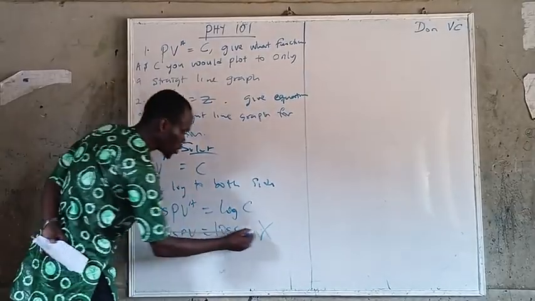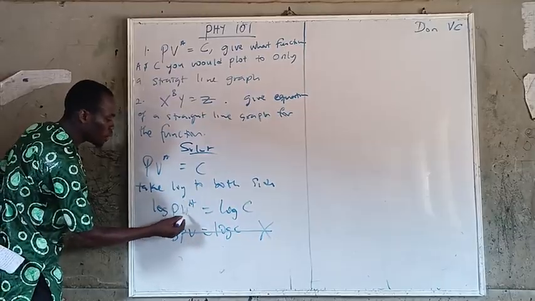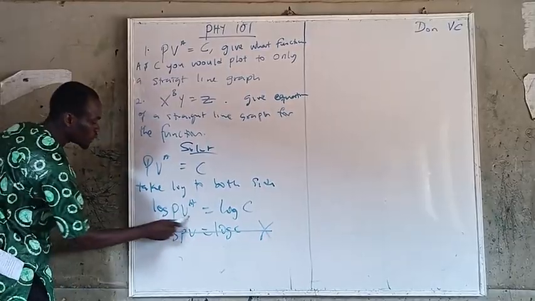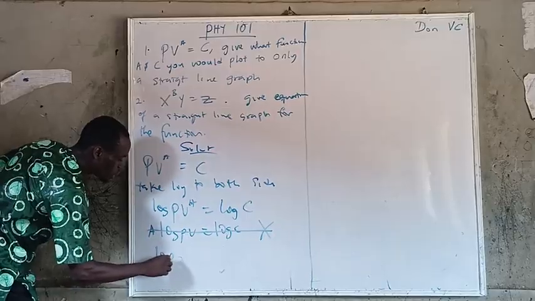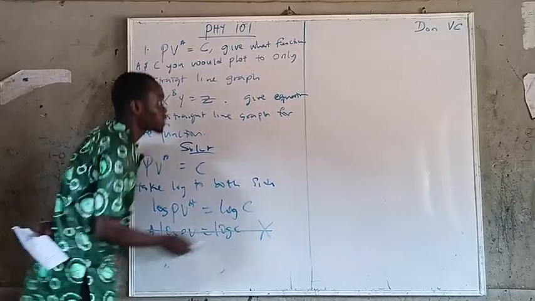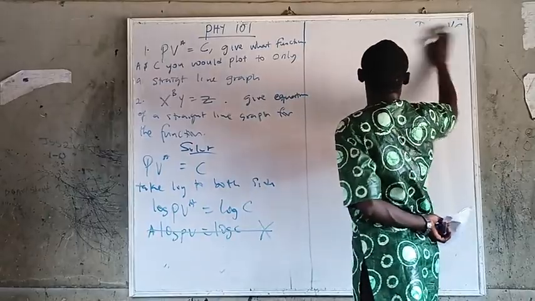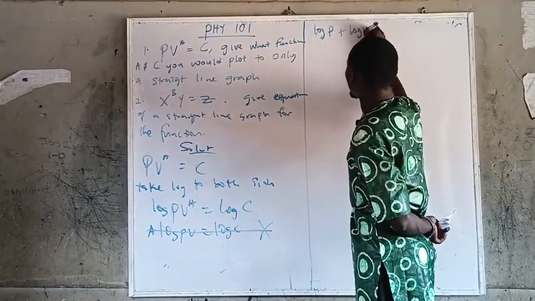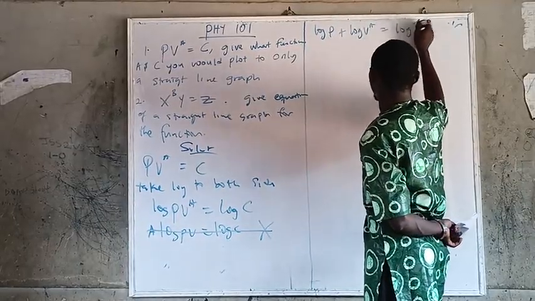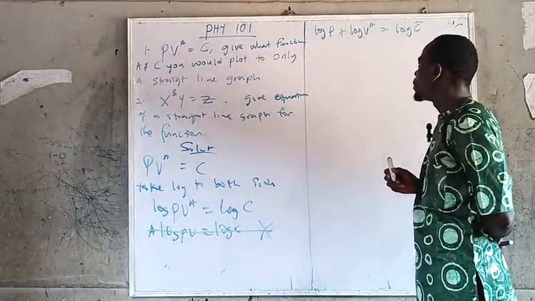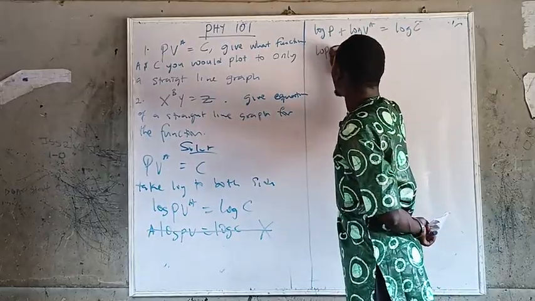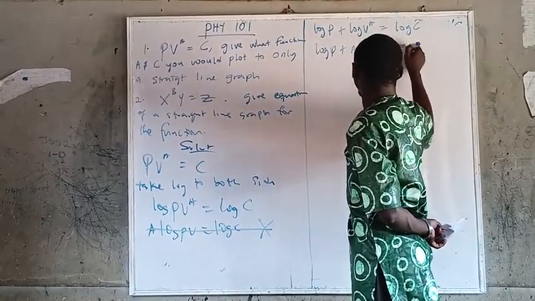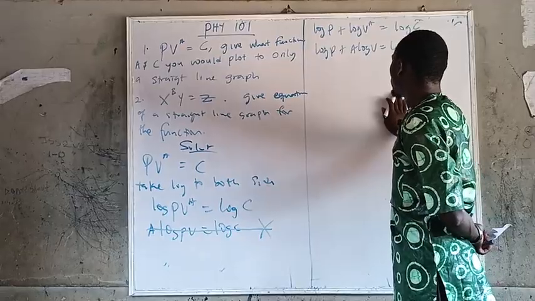This is totally wrong because you can see that this A is a power of V, not power on both P and V. Therefore, the best thing to do here is to separate this function into log P plus log V raised to power A is equals to log C. Then from here, you say log P plus A log V is equals to log C. What's the next thing?